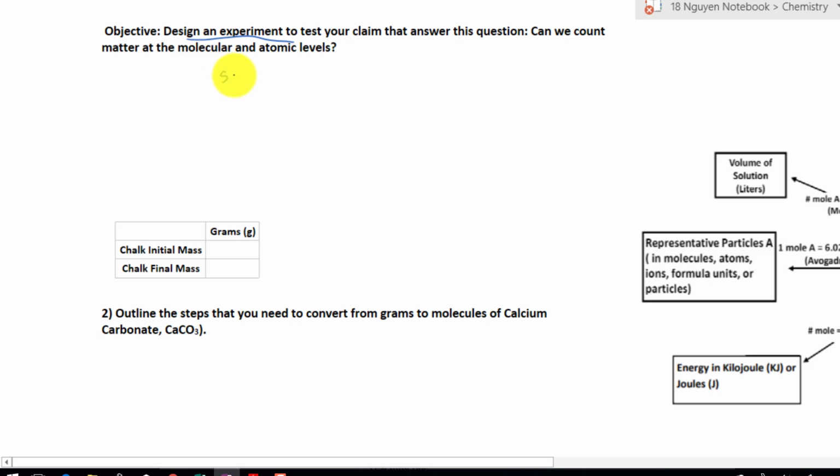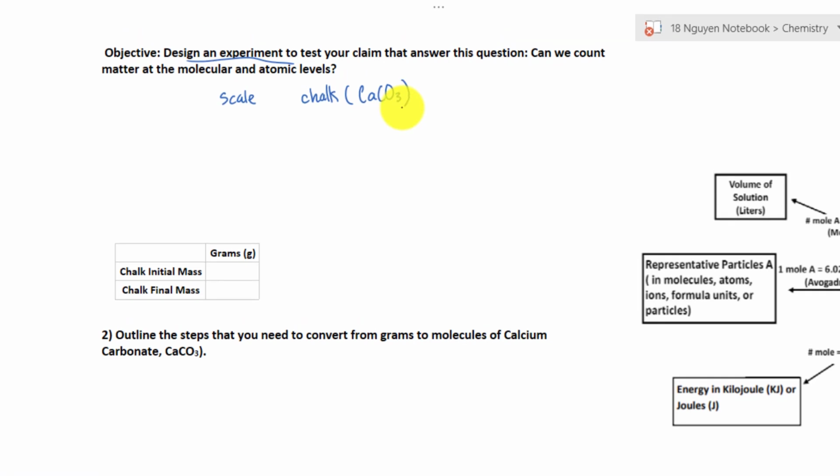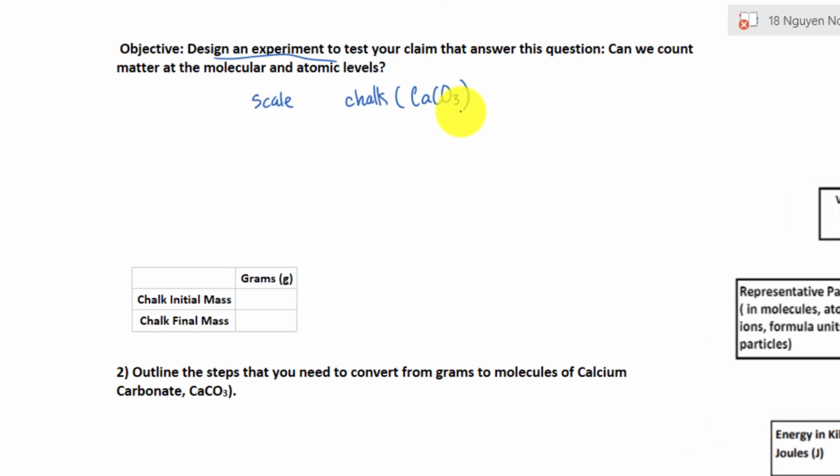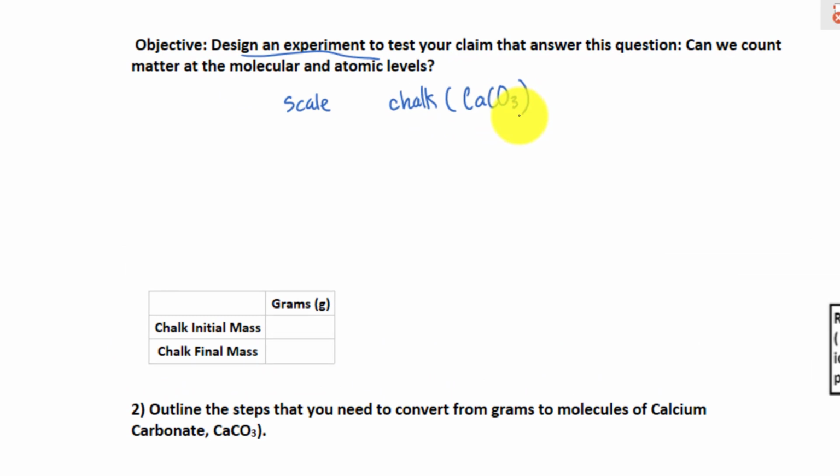First is the scale, that's the equipment, and then we have the substance that we are going to look at. In this case it is chalk, and chalk is basically calcium carbonate. Part of the procedure is you are going to come up with a tweet message between 200 to 240 characters that you are going to write with this piece of chalk.